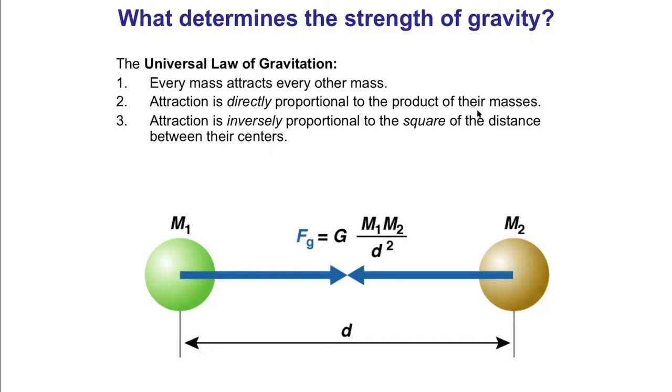You can codify that by this particular equation, Fg equals G m1 m2 over d squared, which we have written in greater detail on the next slide. The thing I want to point out here is that d is the distance between the centers of these two objects. So the center of m1 to the center of m2 is the quantity we would say is the distance between these two objects.